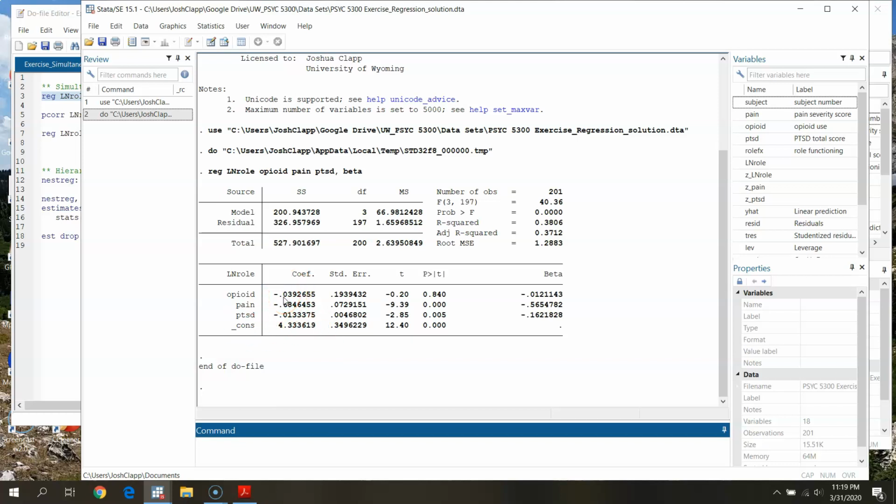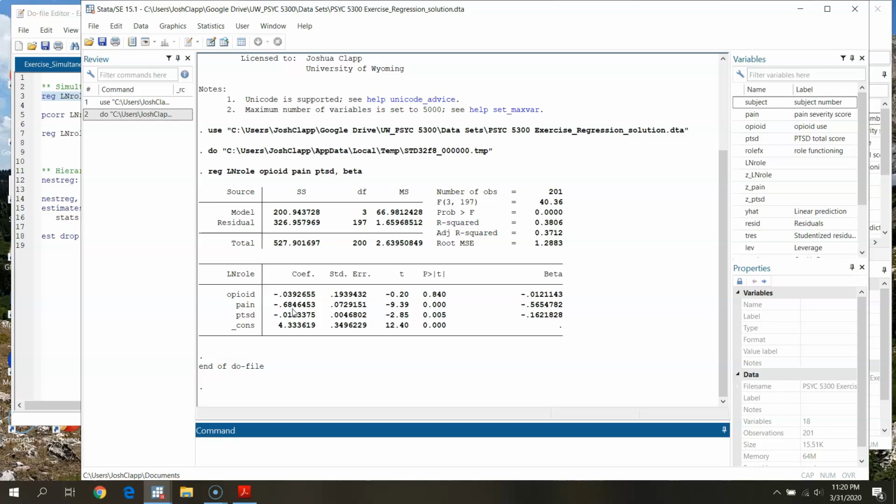If we go up to opiate use, now this is a little bit different, so let's go to pain first. If we take a look at our unstandardized coefficient for pain, negative 0.68. Now, if we were to have just a normal outcome that was not transformed, we would interpret this unstandardized coefficient as indicating that for this model, a 1 unit increase in pain is associated with a negative 0.68 decrease in the expected value of role functioning.